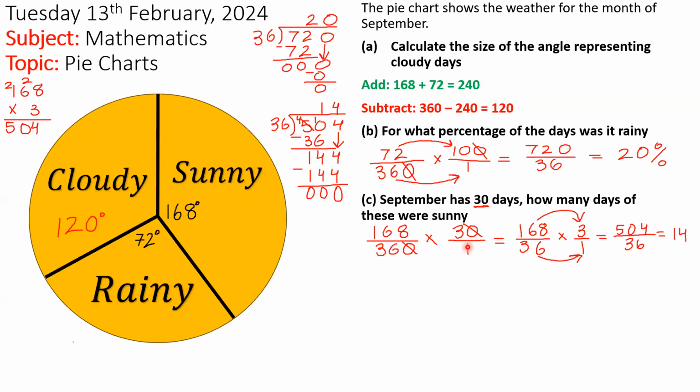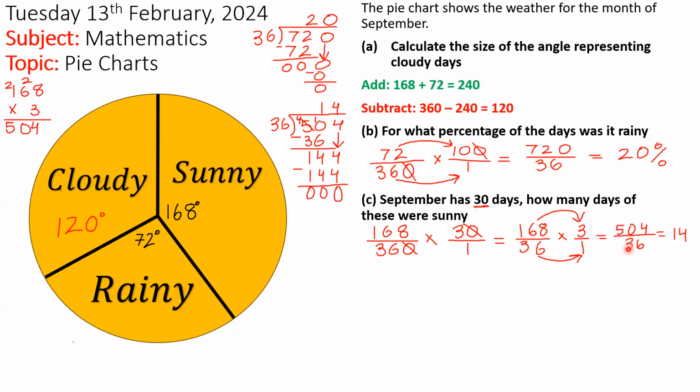Since we could cancel out the zeros, we canceled the 0 of 30 and 360, which turned it into 168 over 36 times 3 over 1. We multiply 168 by 3, which gave us 504, and 36 by 1.